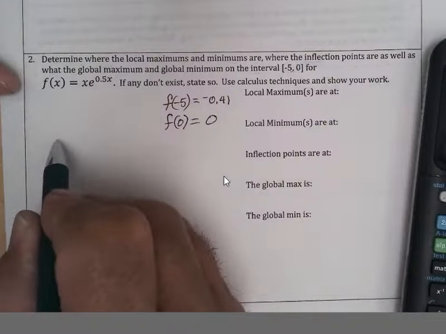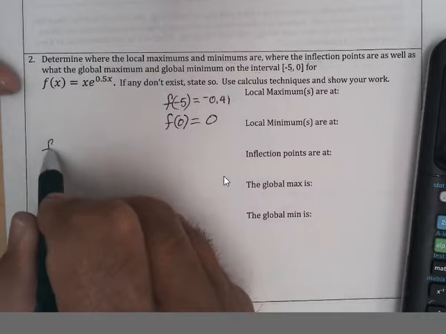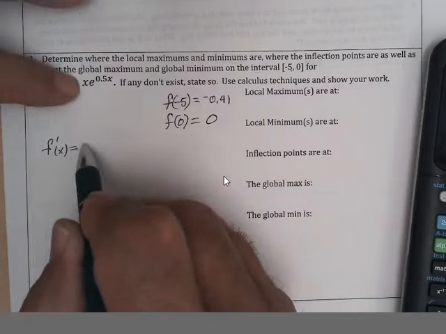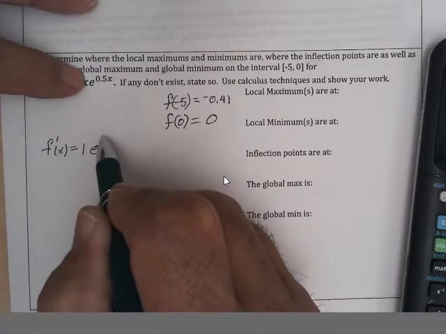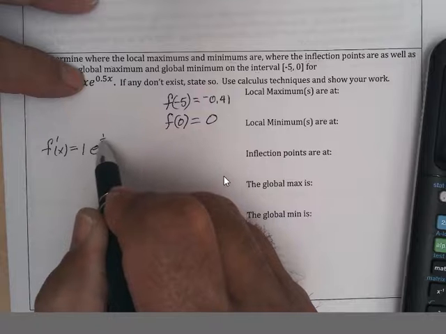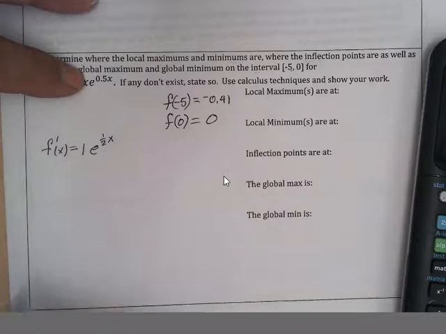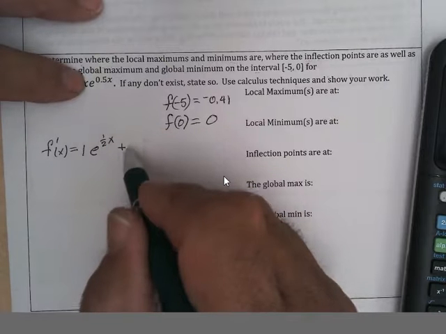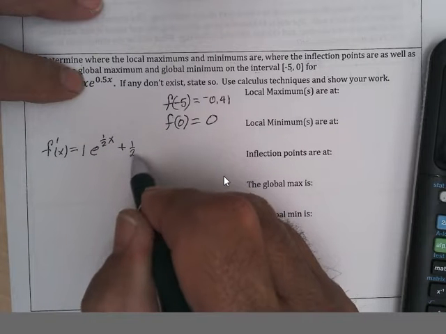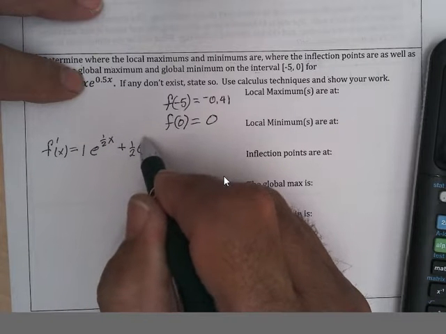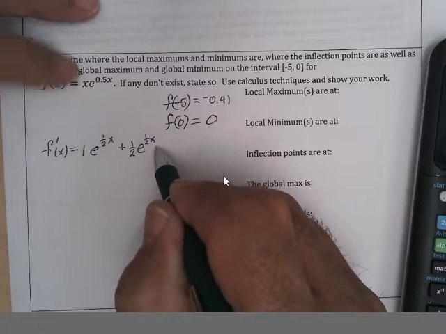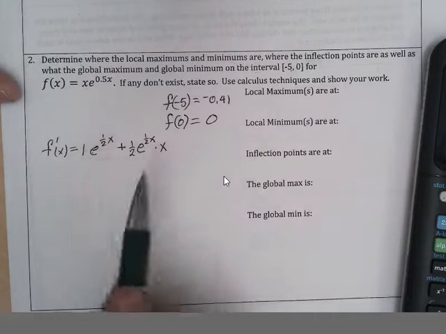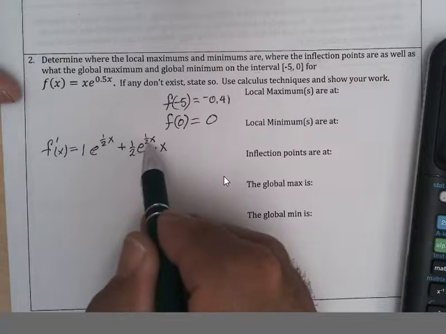So now we're going to use our calculus to get our derivative. And this is a product, so we have to take the derivative of x times e to the 1/2 x, which gives 1 times e to the 1/2 x, plus the derivative of e to the 0.5x, or 1/2 x, which is 1/2 e to the 1/2 x times x. Now, in both of these, there's an e to the 1/2 x.